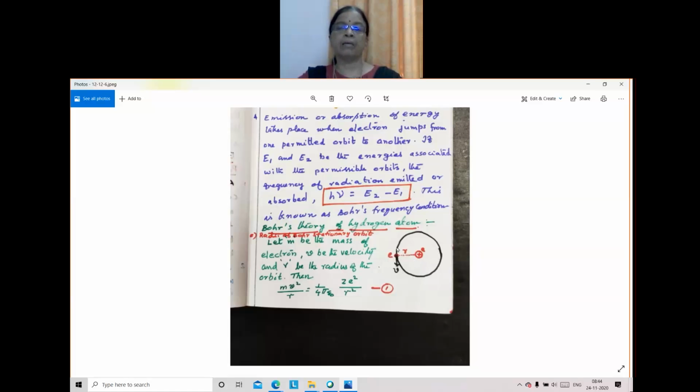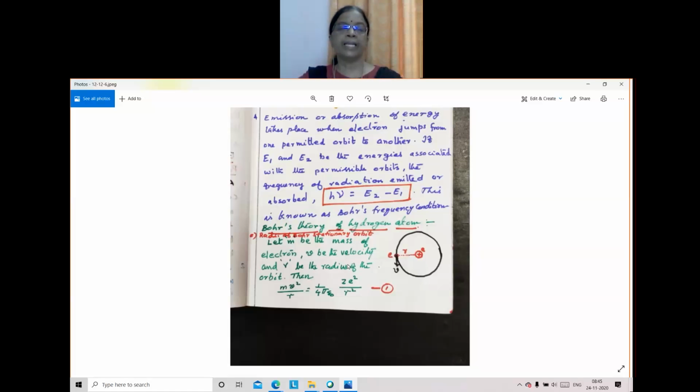This is the radius of the orbit over which the electron is revolving, the orbital radius r. m is the mass of the electron, e is the charge of the electron which is revolving. So the centripetal force mv square by r is provided by the electrostatic force of attraction between the nucleus and the electron.